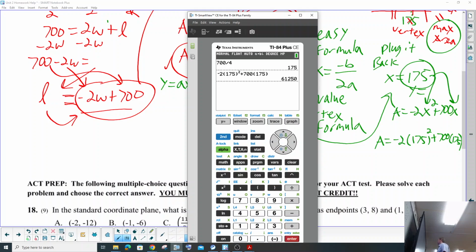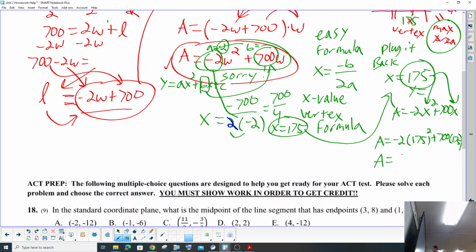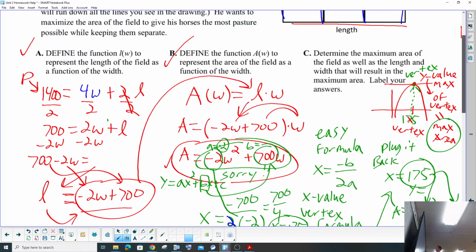And we get a maximum area of 61,250. Area equals 61,250. So that's one of our answers, because it is asking for the what?